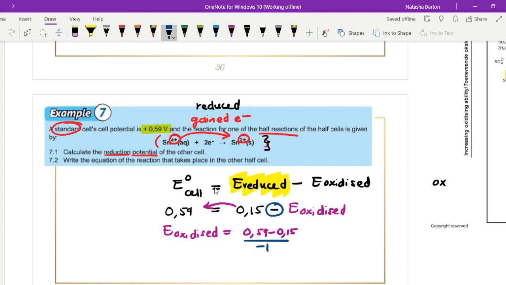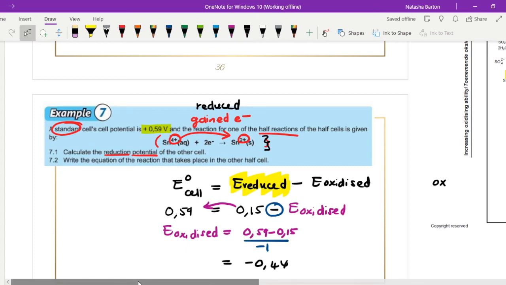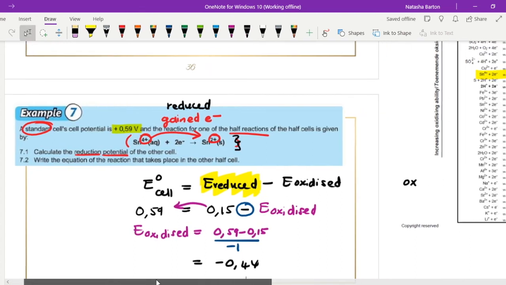When you put this into your calculator, so that's 0.59 minus 0.15 divided by -1. Oops, sorry, I made a mistake. Please just give me one moment. So we end up with a value here of negative 0.44.